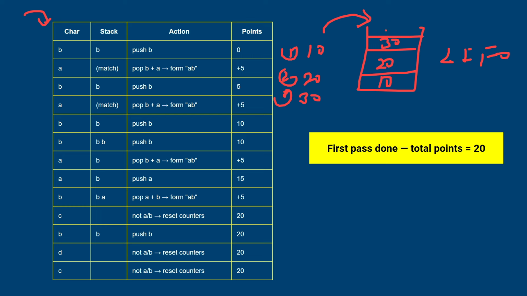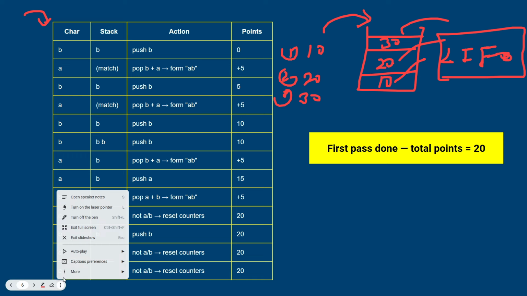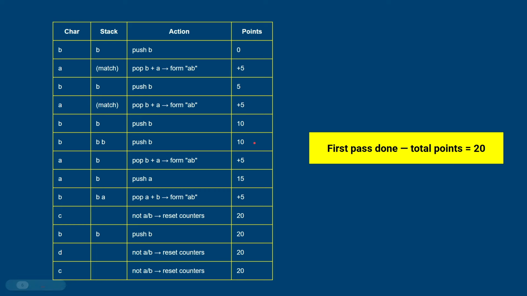If you remove from the stack, you will remove the 30, then 20, and then 10. So this is the concept: last in, first out operations happening on the stack. I am giving this just for understanding purposes, I'm not going deep into the stack.